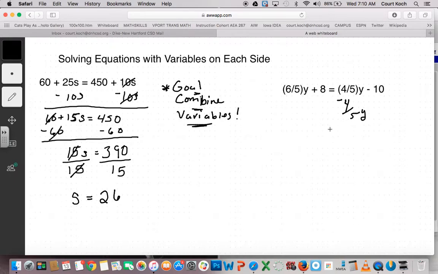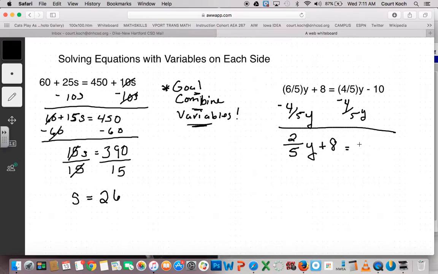So I'm going to subtract that 4/5 y from both sides. Since they're both the same denominator, 6 minus 4 is the math that I have to do. 6 minus 4 is 2, so I'm left with 2/5 y plus 8 equals negative 10, because this cancels.